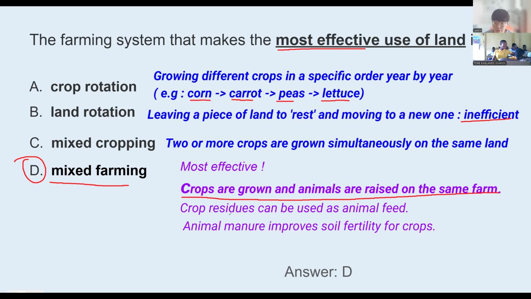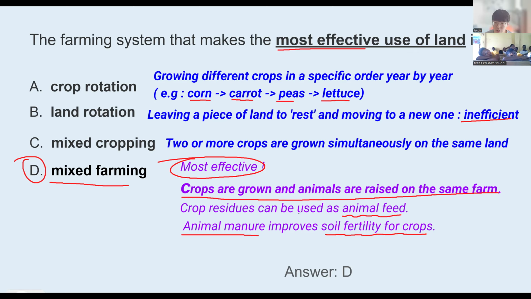Crop residues, what's left of the crops, can be used as animal feed, and animal manure, from the other side, can improve soil fertility for the crops. So that is why it is the best and most effective way, because we're finding the most effective use of land in the question.